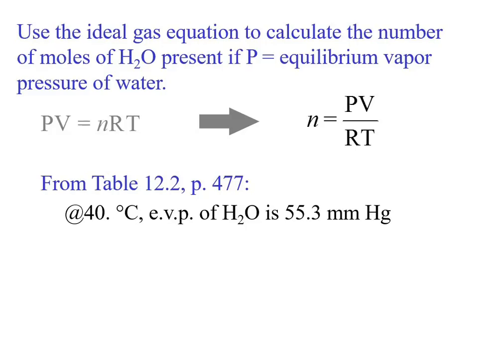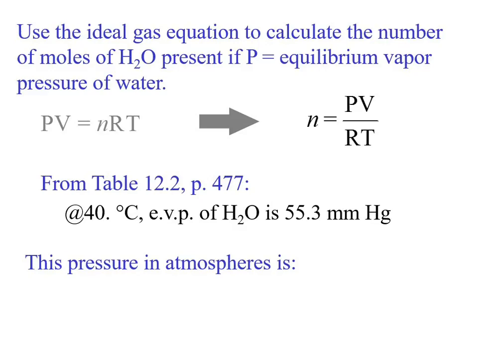So there's a table in your textbook that you can pick off for water at 40 degrees, what its equilibrium vapor pressure is. That's the pressure we're going to use in our PV equals nRT, solving for n. But in order to use the R that we're using, we need to convert those millimeters of mercury to atmospheres.